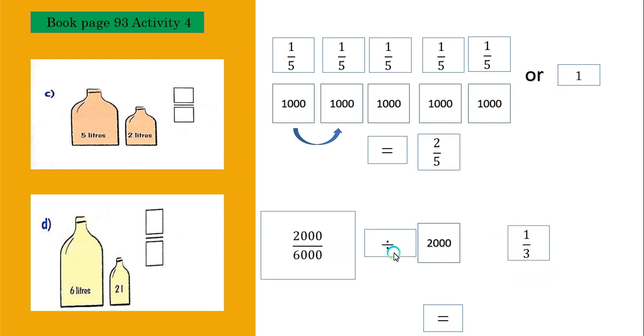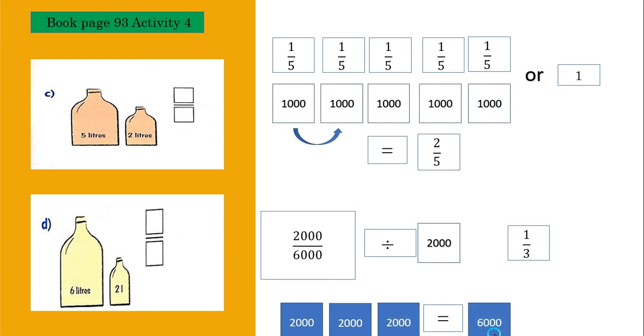And 6,000 divided by 2,000, the answer is 3. Now 2,000 plus 2,000 plus 2,000, the answer is 6,000. How many parts? It's 3. And how many 2,000s are we talking about here? It's 1. That's why the answer is 1/3.